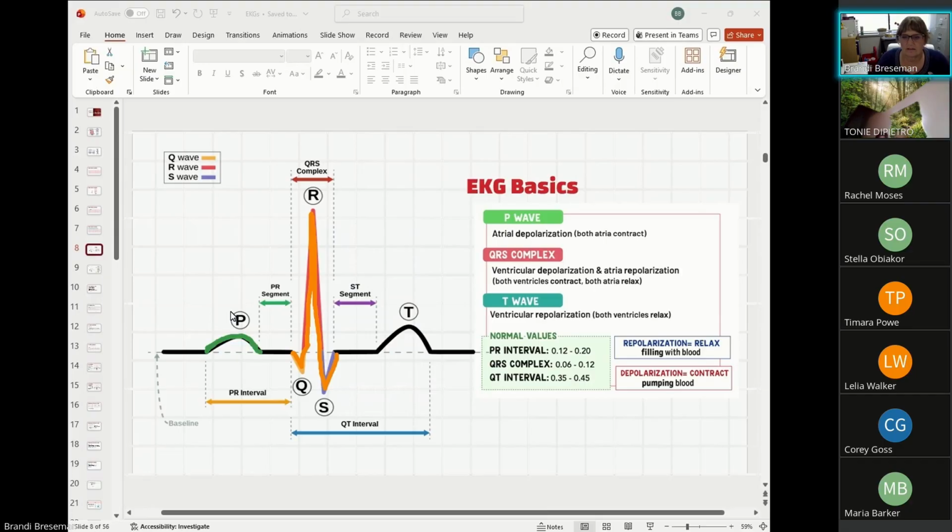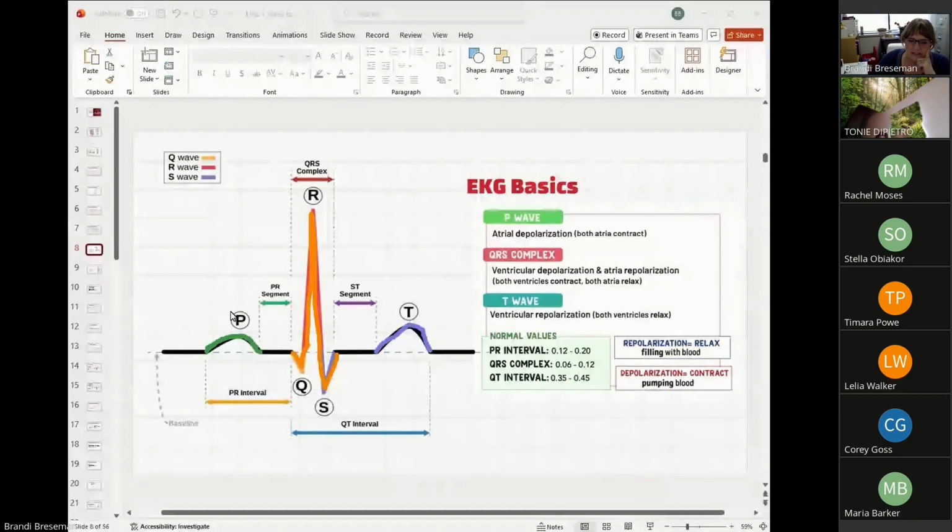And that is right here. This is a normal complex. This is what a normal complex should look like. Okay. So P wave, QRS complex, T wave.